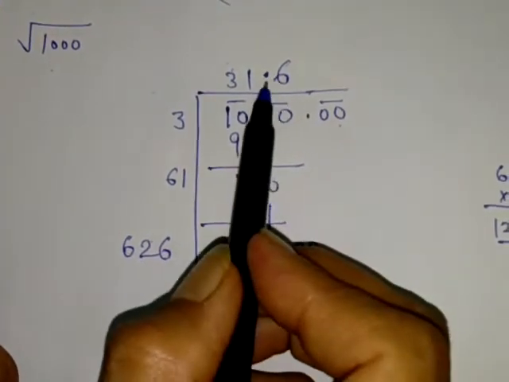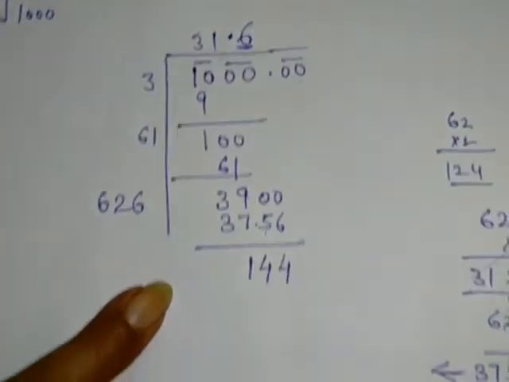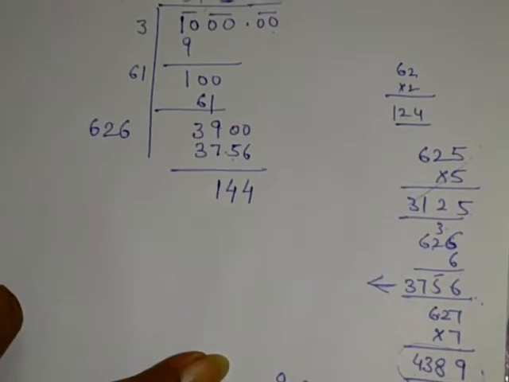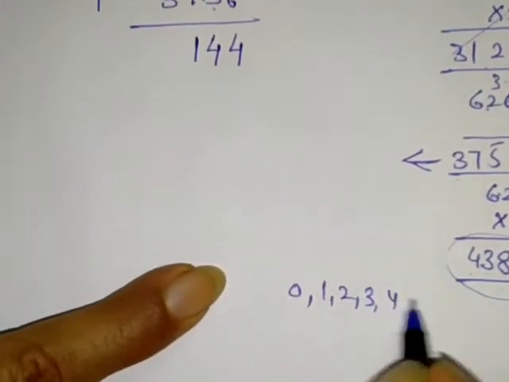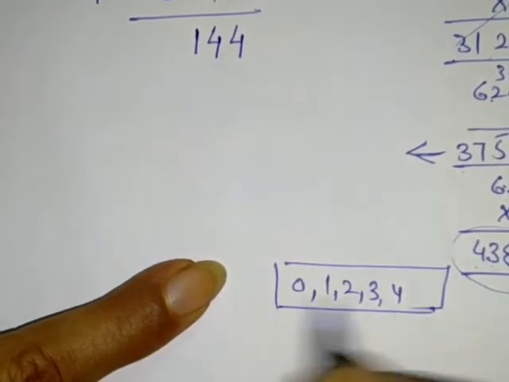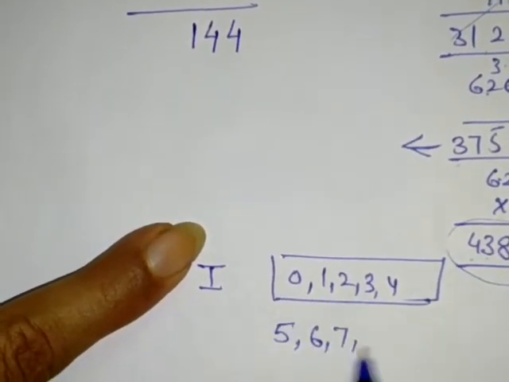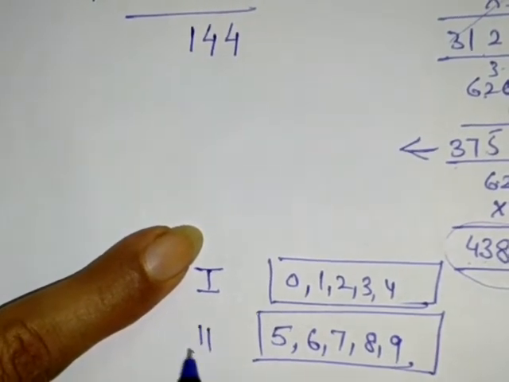Now you have to see the digit after the decimal. It's 6. Now you have studied this, group 1 में कौन कौन सी digit होती थी? 0, 1, 2, 3, 4. These are the digits of group 1, and these 5, 6, 7, 8, 9 are the digits of group 2.